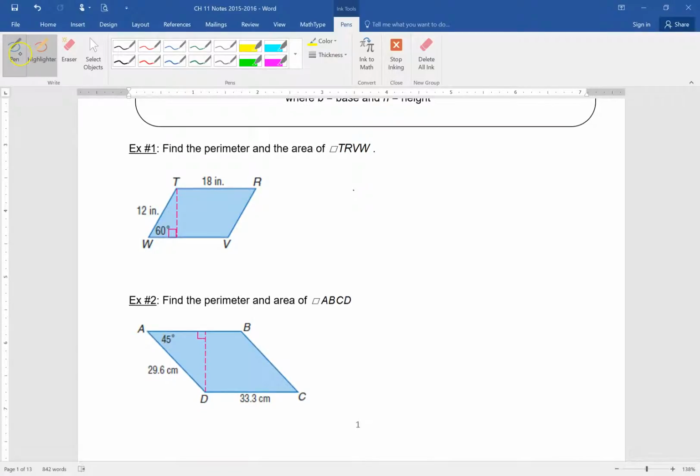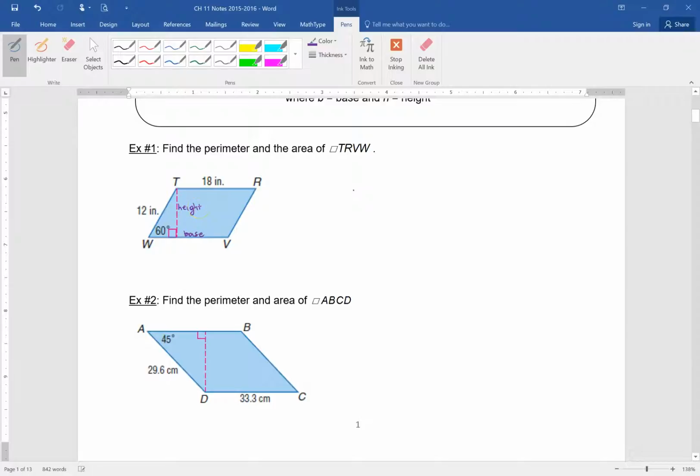In this case, we have that this side is 18 and this side is 12. This line is drawn perpendicular to one of the sides. That's what you're going to focus on. If this is perpendicular to the side WV, then we're going to call this our base, and this will be the height.